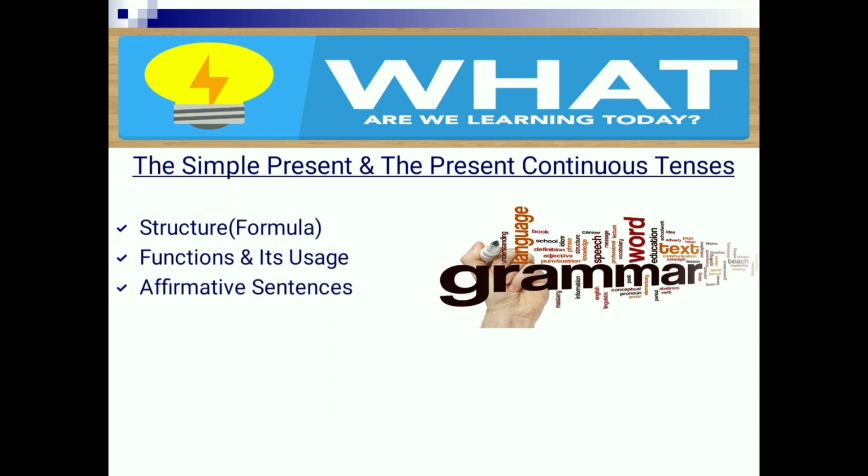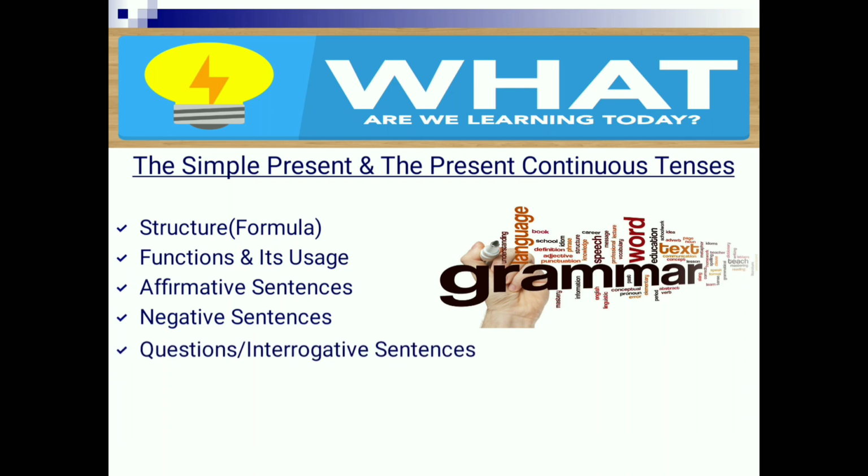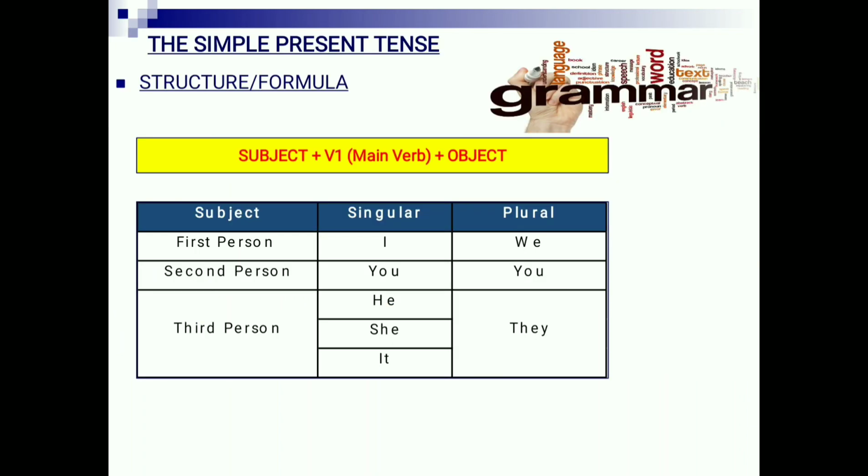Then how we can use these tenses in affirmative sentences. What is the structure for it? Then how we can make negative sentences by using simple present tense and present continuous tense. And then how you can ask questions in simple present as well as in present continuous tense.